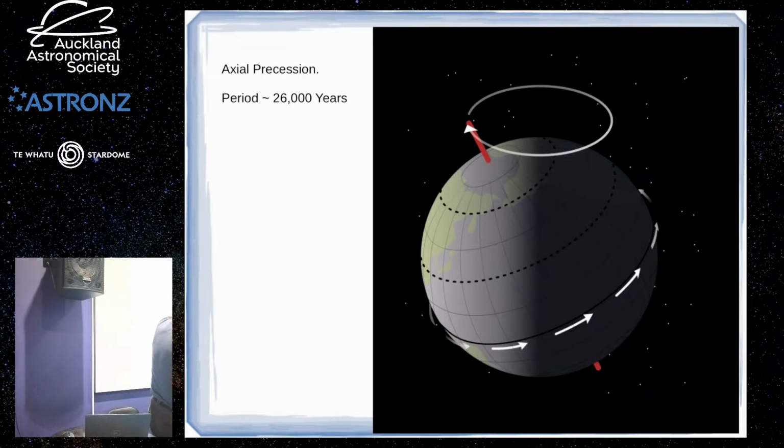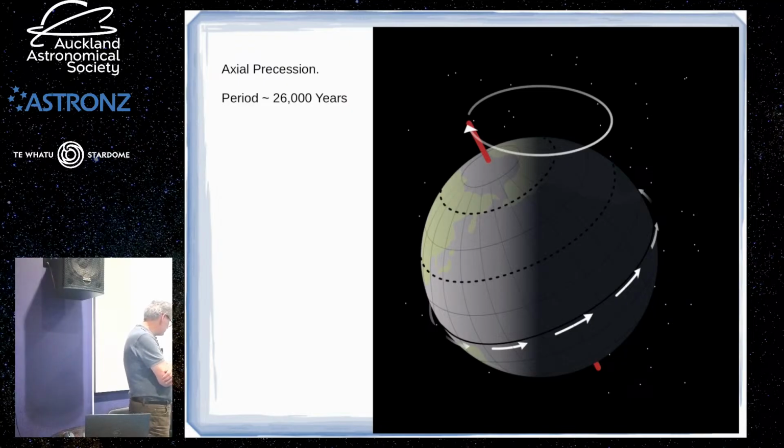And you can see here that the poles trace out a circle, and it takes about 25,000 years or so to do that rotation. So it's a fairly slow change, but just by using measurements that had been taken centuries before his time, he was able to work out that this was happening.